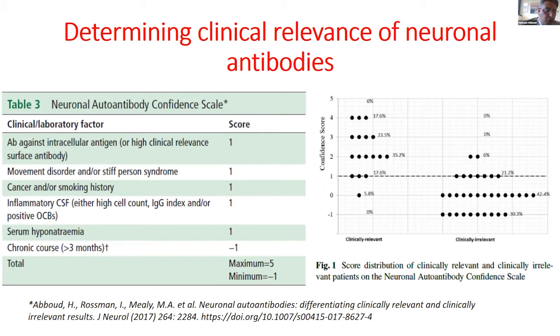The patient gets 1 point if they have an antibody against an intracellular antigen or a highly clinically relevant surface antibody, if they presented with a movement disorder, if they have cancer or smoking history, if they had inflammatory CSF, or if they had concomitant hyponatremia, while 1 point is deducted if the clinical course was chronic. We are still trying to validate this scale in a larger group of patients, but we actually use it frequently on clinical grounds, and it's been very helpful in determining whether this antibody is relevant to the clinical picture or not.